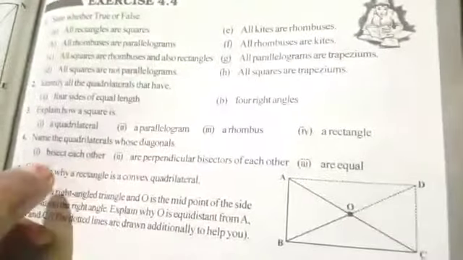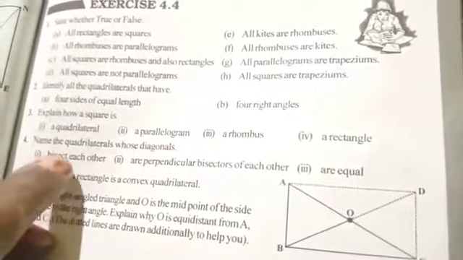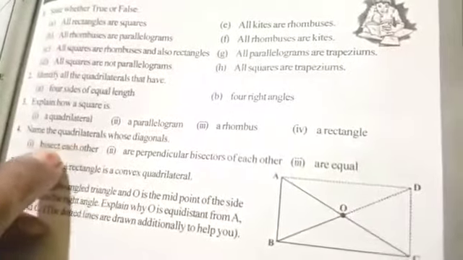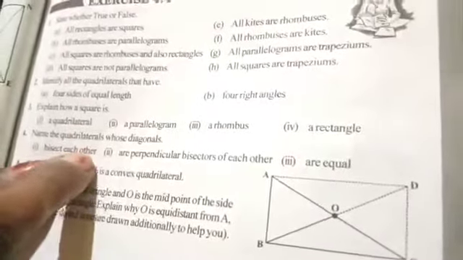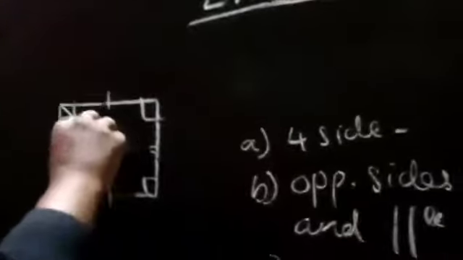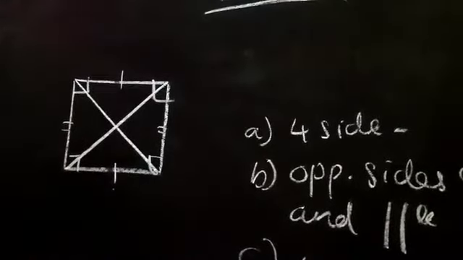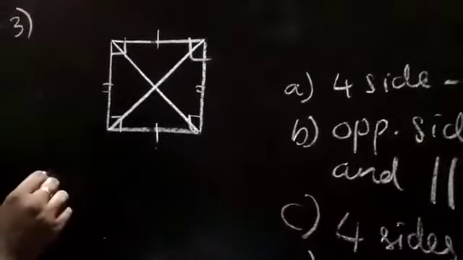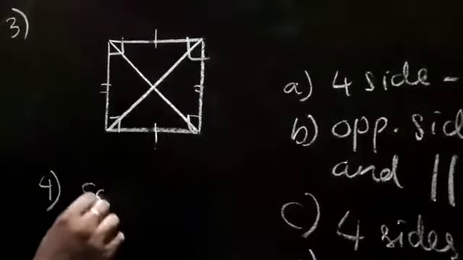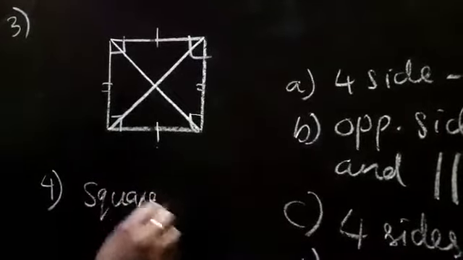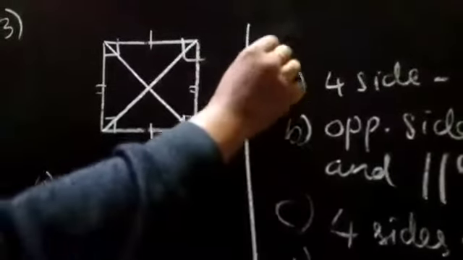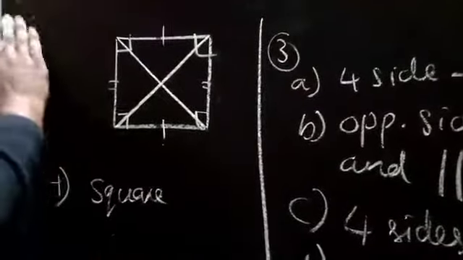Fourth question is, name the quadrilaterals whose diagonals bisect each other. In which will the diagonals bisect each other? It will be in square and rectangle. This is the third one, this is the fourth one.